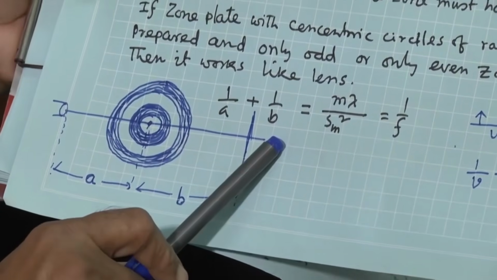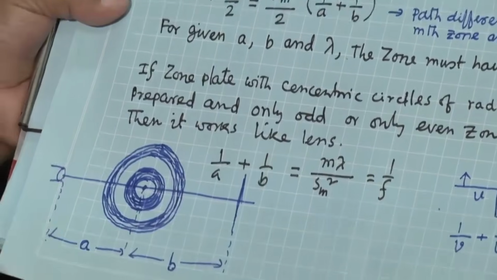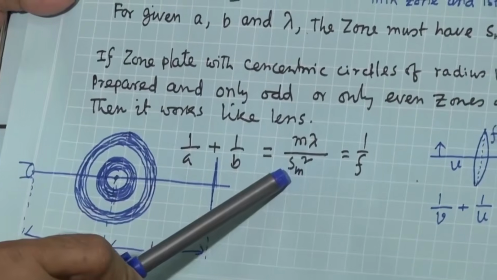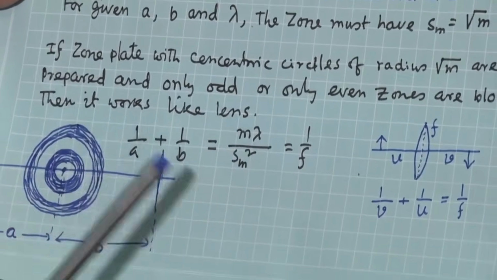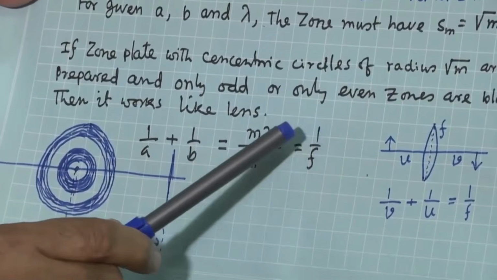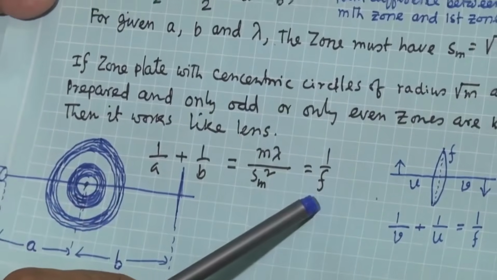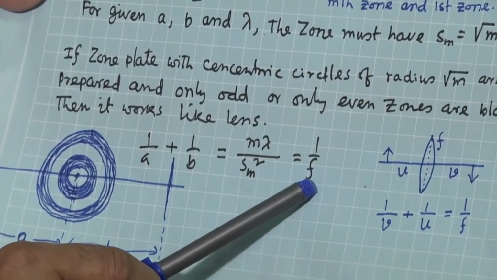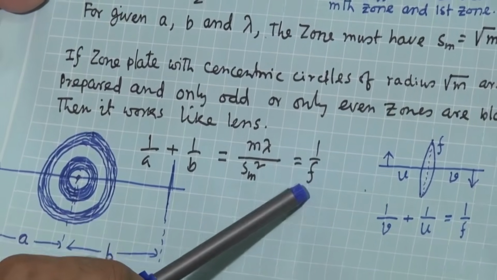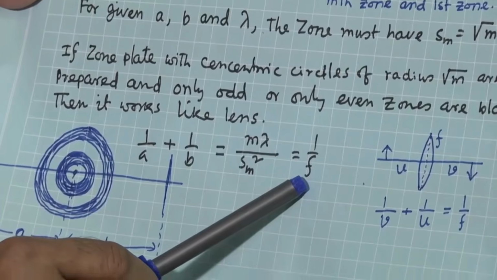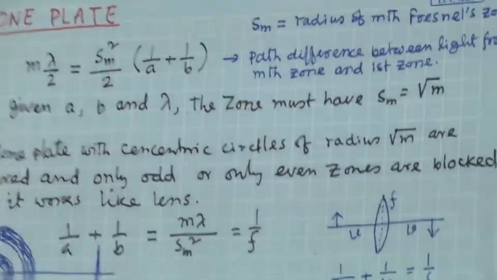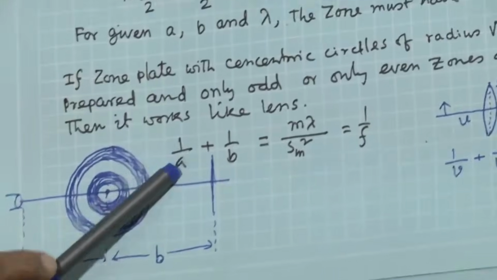Now, what we want to do here is find the focal length. For the experiment, from this relation, a is the source distance.